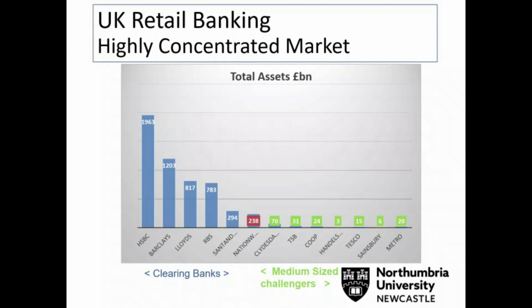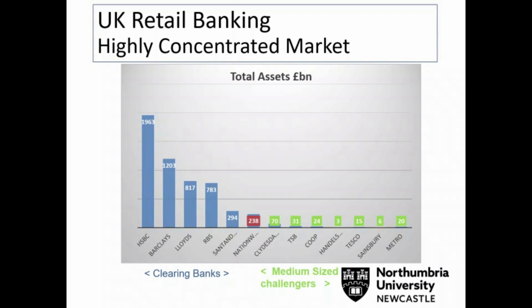But you can see how highly concentrated the UK banking sector was. And to be fair, it still is. You still have the big five banks here, with Nationwide in the middle, then all the challenger banks. But this graph doesn't even include most of the building societies network.